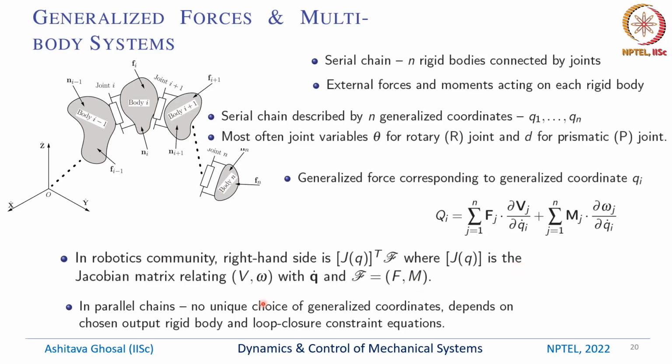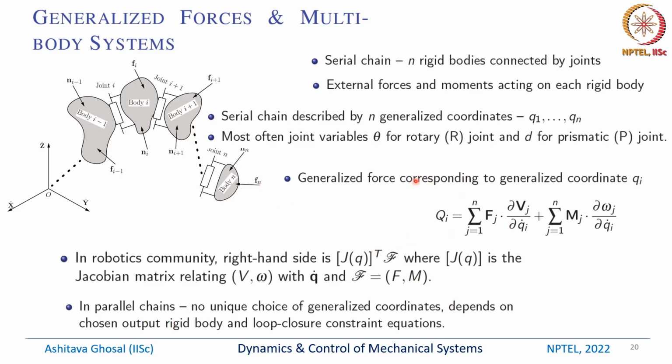Secondly, we don't have a clear and obvious output rigid body. So we have these two problems: loop closure equations which can be written in different ways, and we do not have a final end from which we can say that this is the force which is acting on the output. Because of that, we have some more complications.